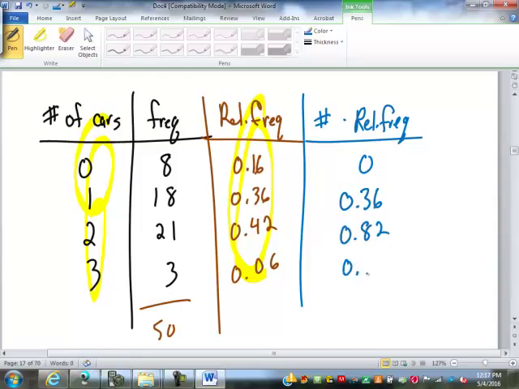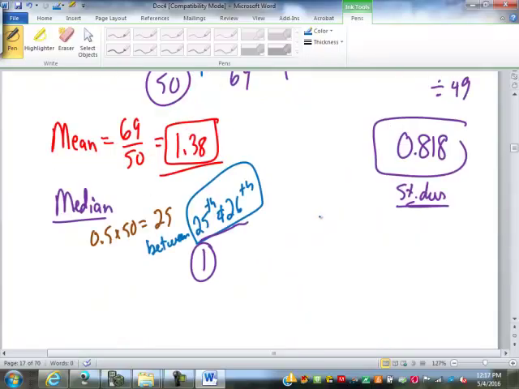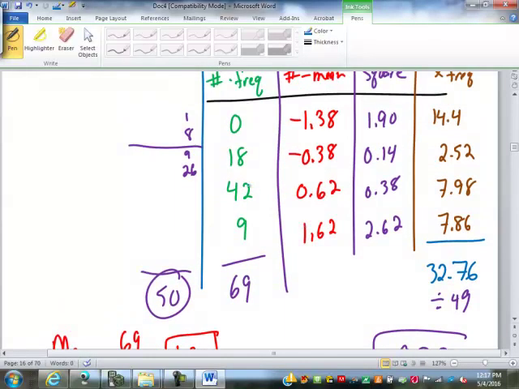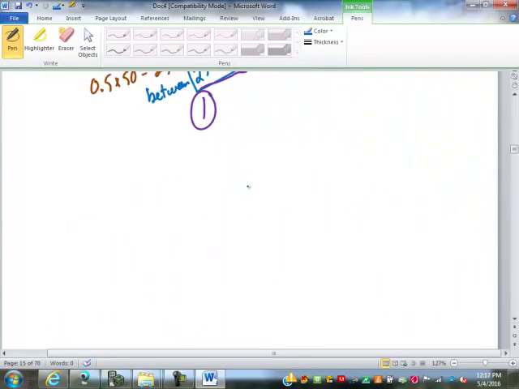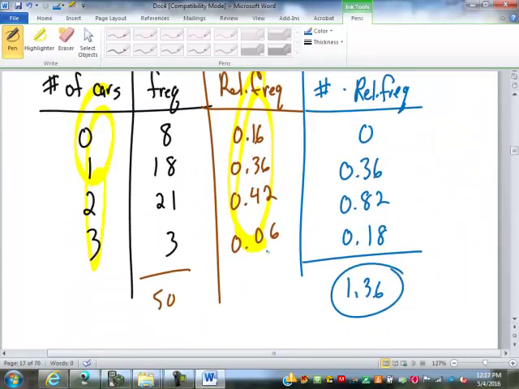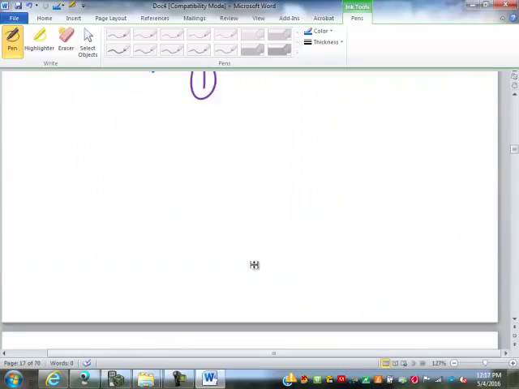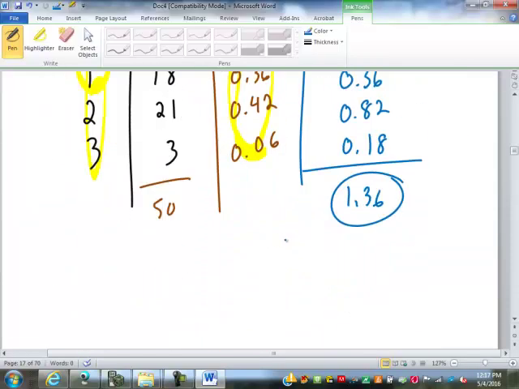And 3 times 0.06 is 0.18, which adds up to 1.38. Oh well, anyway, you guys get the picture.